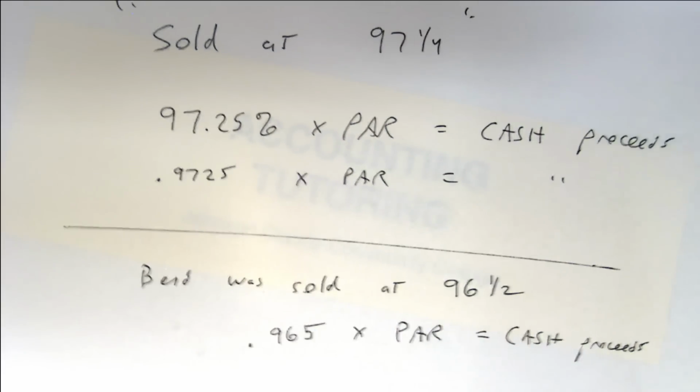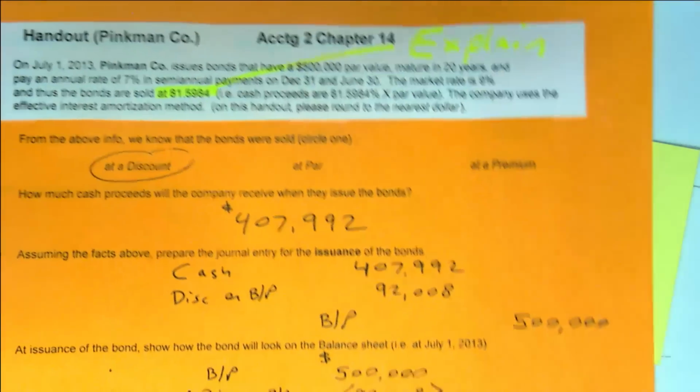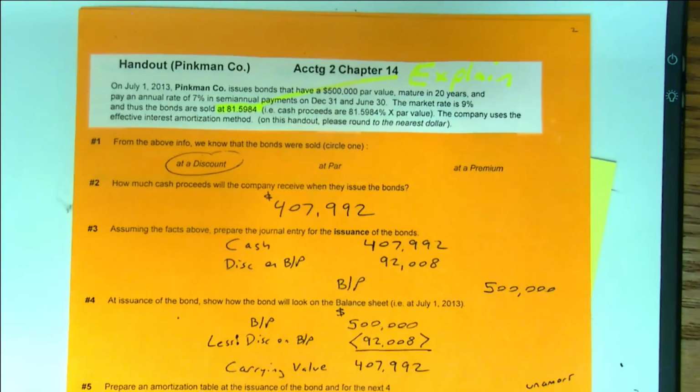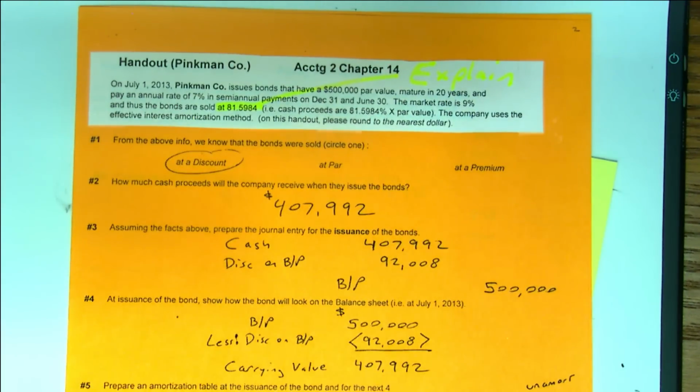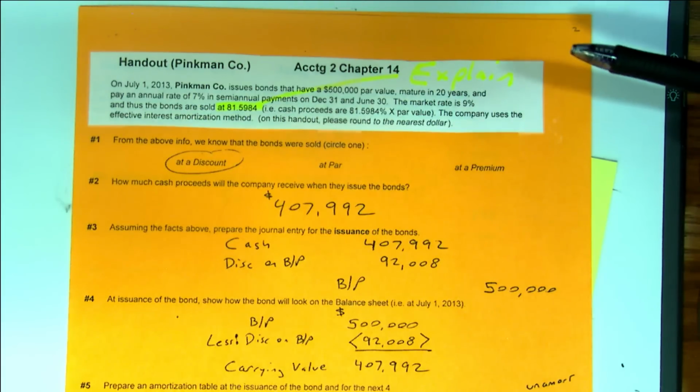All right. Let's take a look at the answers to Pinkman. Take a look at the top part. This is a bond sold at a discount. We know that for several reasons. First of all, that's the only thing I've taught you, right?